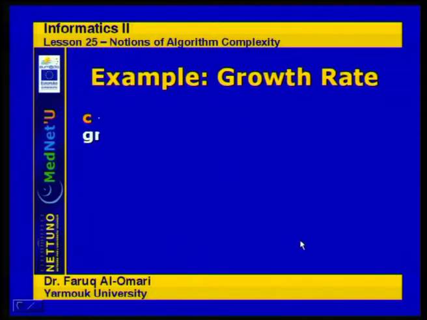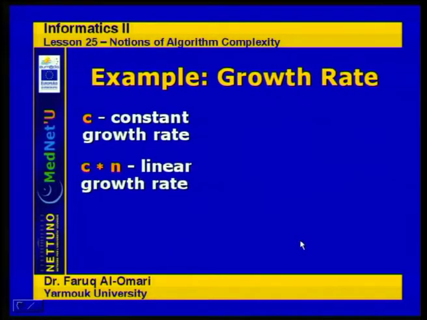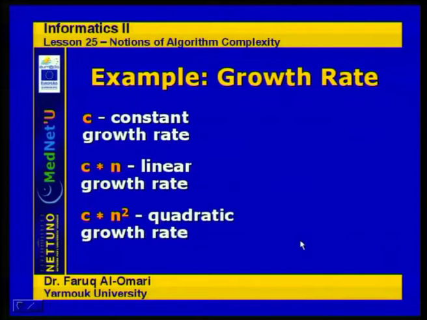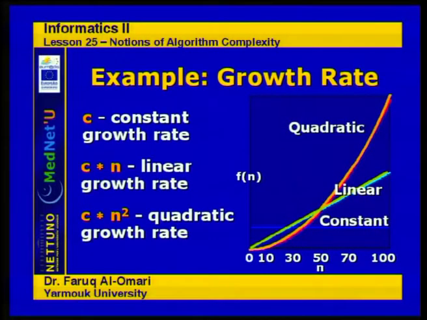So to look at this in a sort of graphical view, basically the first one had a constant behavior c, and this is called a constant growth rate. And it's represented by this blue line in here. It's constant regardless of n. Always the time I need, which is represented by this f of n, is basically constant, equals to c.